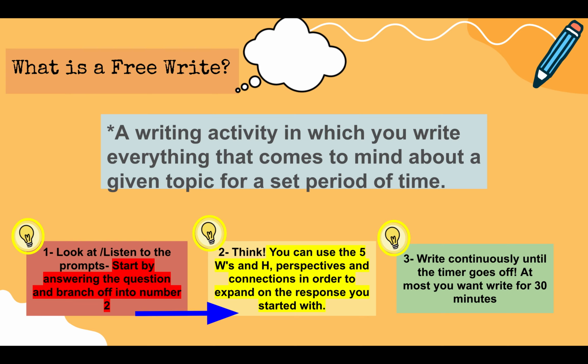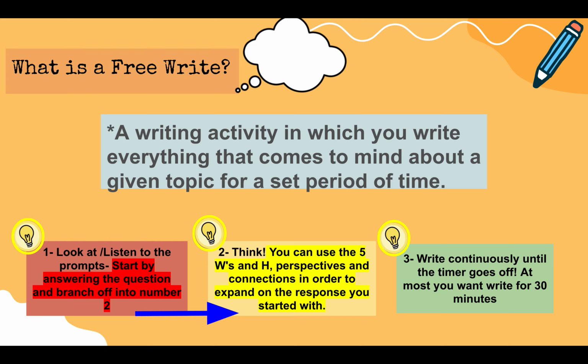The perspectives that you know of, whether it's your perspective, what, let's say, the government might think about a topic, what the people might think about a topic, and any connections you can make to past, present, or future in order to expand on the response that you started with.